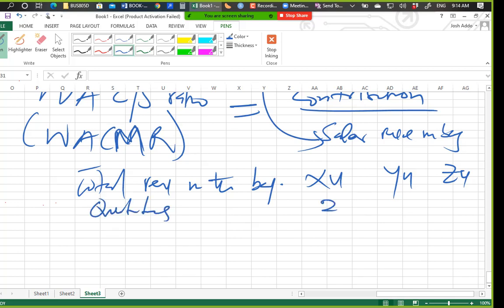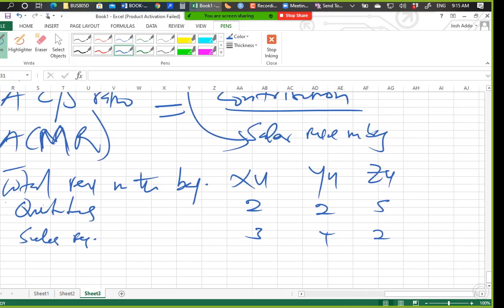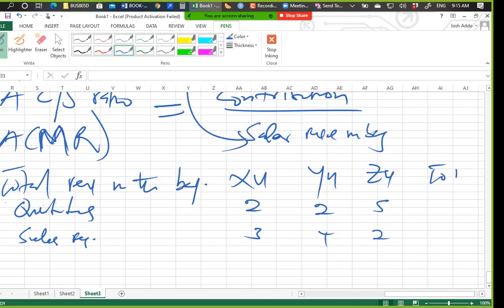This was 225, and then you can multiply by the sales revenue. Inside the bag we have these quantities going there, and each one is selling for 3, 4, and 2. The total is 9 for here.